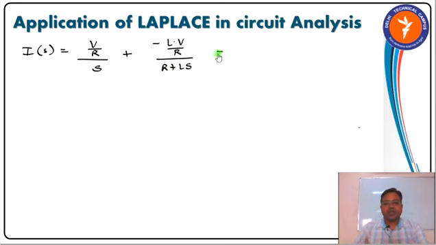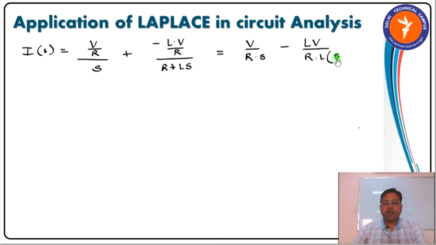So I can further simplify it as V divided by R into S minus, if I take L common out of this, then I will get minus LV divided by R into L, and I am taking L common out of it.